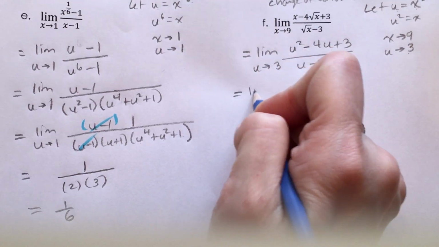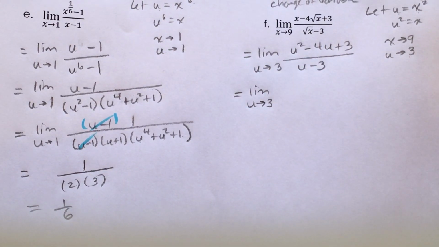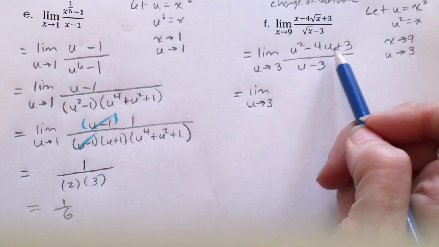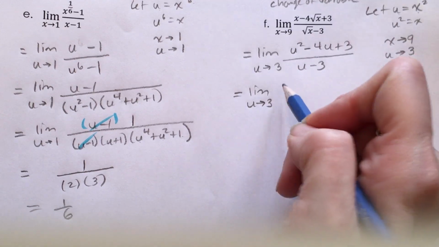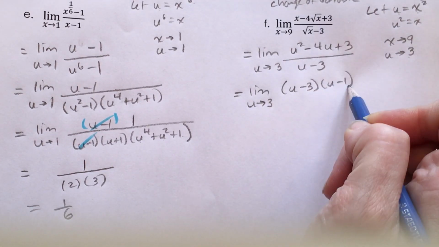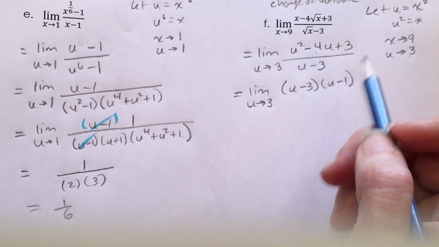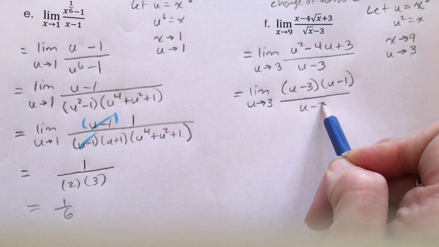So then hopefully after we've done change of variable, it's easier to solve the limit. You can see the top looks like a simple trinomial. So factor to give you u minus 3 times u minus 1. Negative 3 times negative 1 is positive 3. Add them and you get negative 4 over u minus 3.